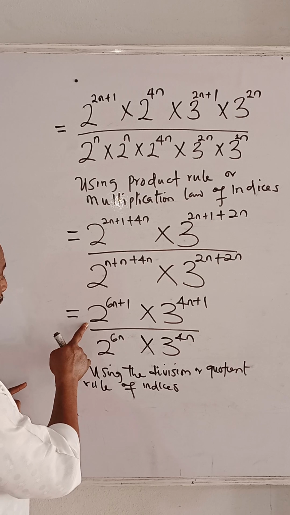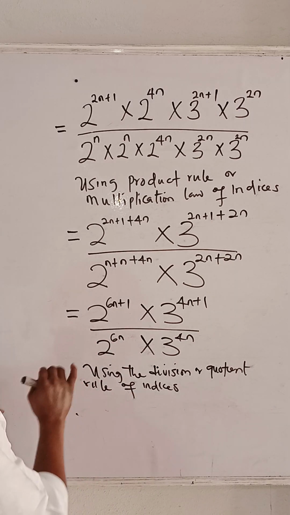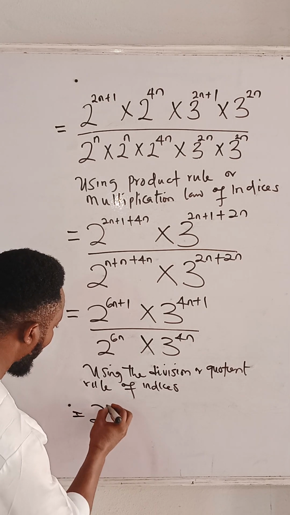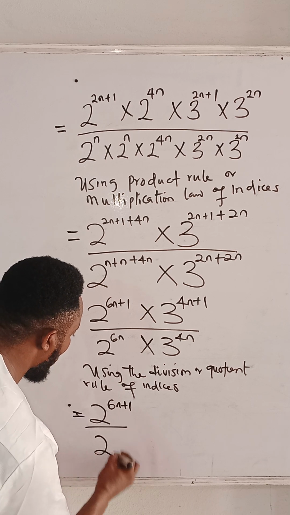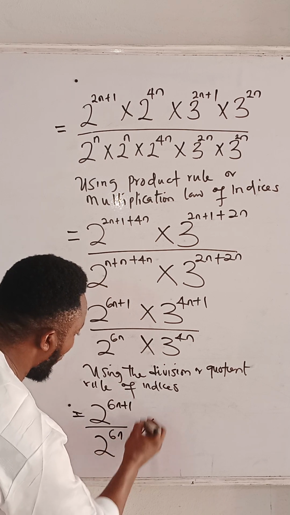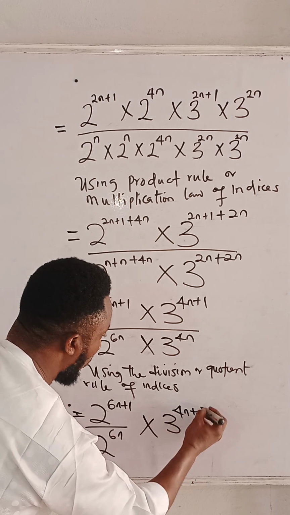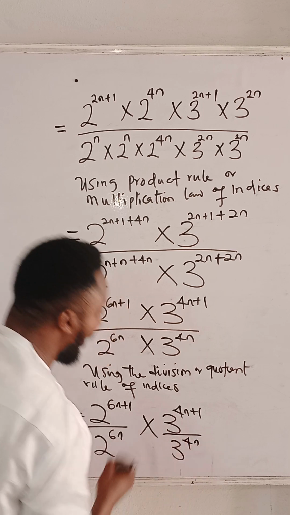So 2 to the power of 6n plus 1 can be divided by this. If I rewrite this last step as 2 to the power of 6n plus 1 divided by 2 to the power of 6n, multiplied by 3 to the power of 4n plus 1 divided by 3 to the power of 4n, I am not wrong.